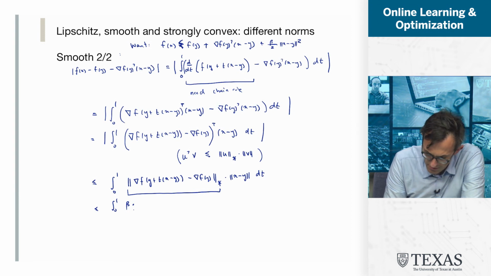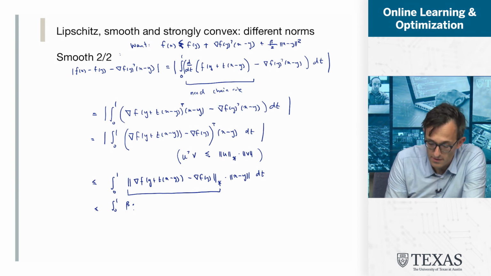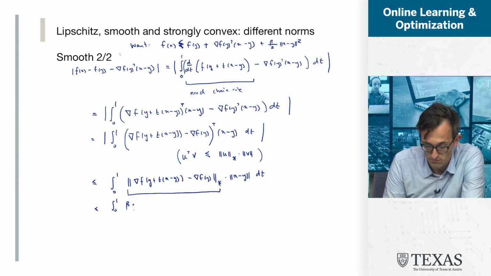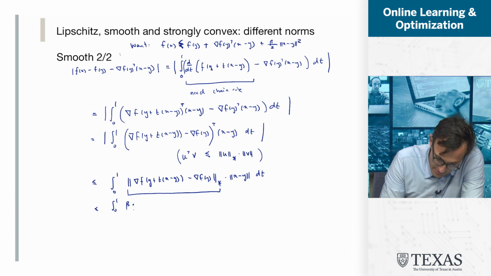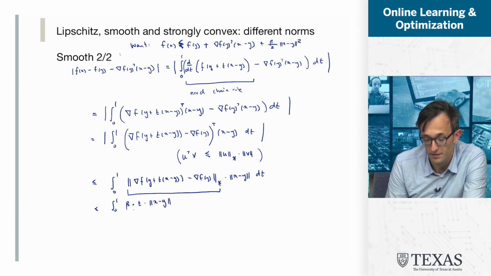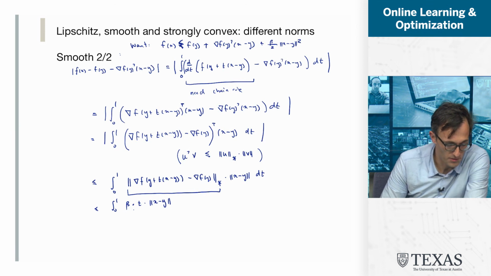What's the difference here? The difference is of the arguments. Here I have y plus t times x minus y, and here I have y. So the difference is just t times x minus y. And the norm of that is t times the norm of x minus y, not the 2 norm, not the dual norm. This is our arbitrary norm. And then I have my x minus y dt.